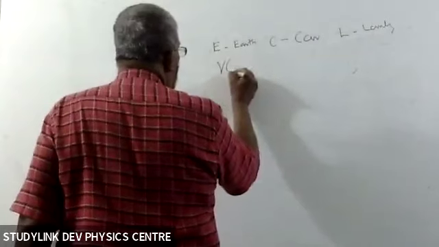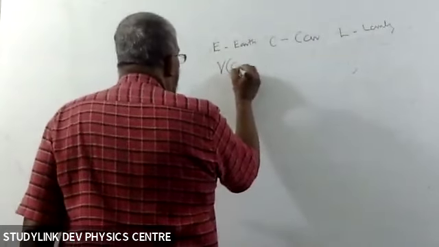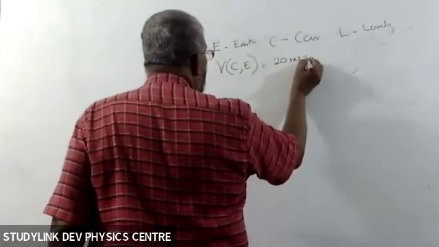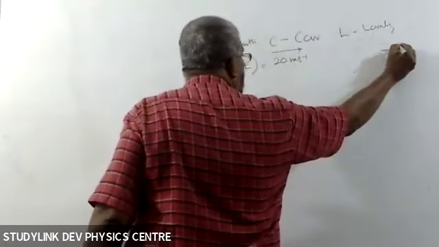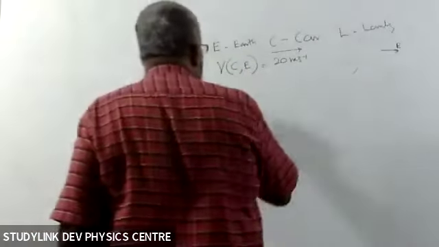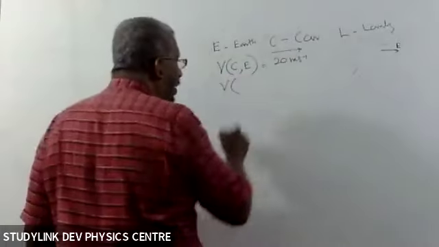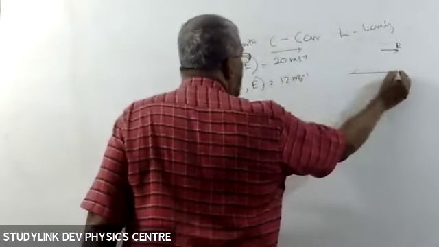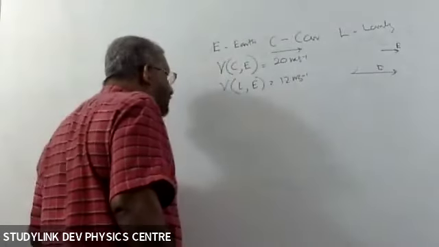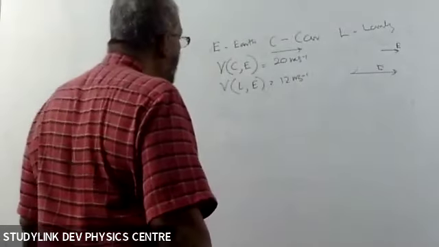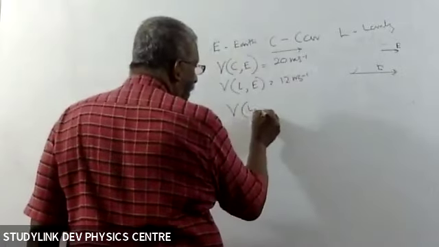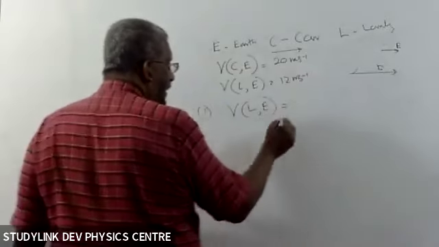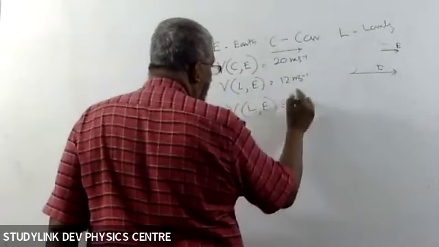Then the velocity of the car relative to the earth is 20 m s minus 1 to the east. East is towards this direction. Then the velocity of the lorry relative to the earth is 12 m s minus 1 in the same direction. Then I am asking the velocity of the lorry relative to the car. This is what we are trying to find.